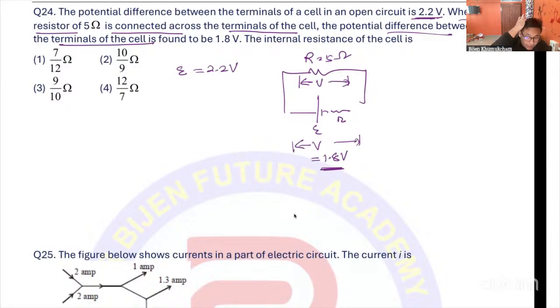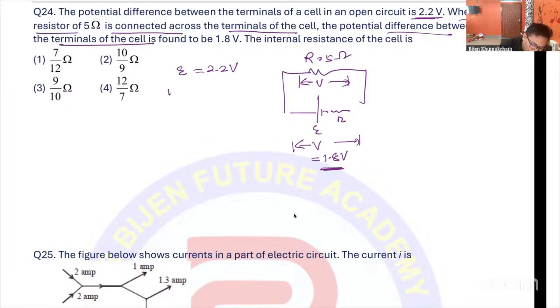Let's first find the current. After finding the current, we can find any other values. Only r is unknown, so we can find it.